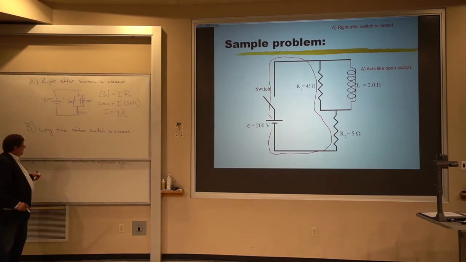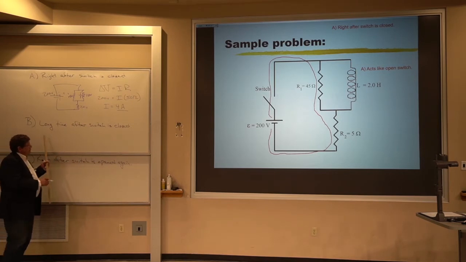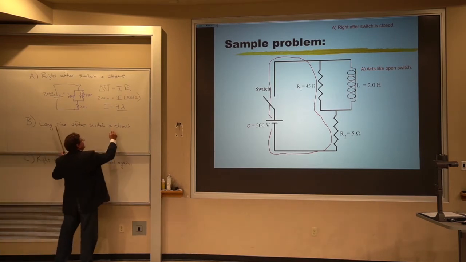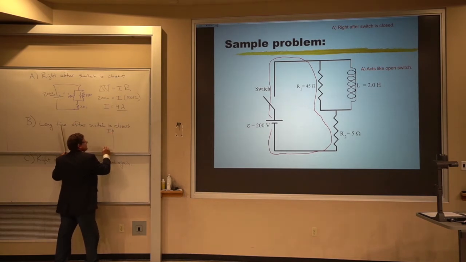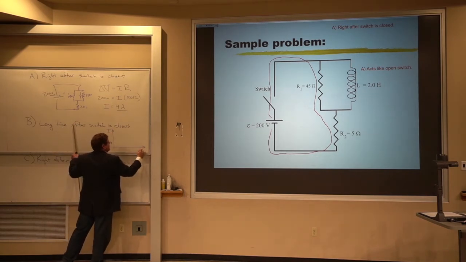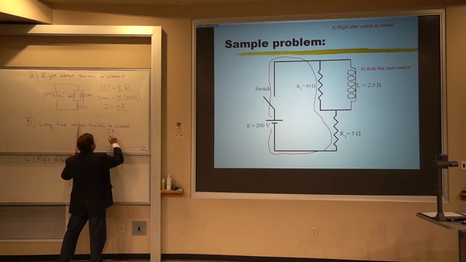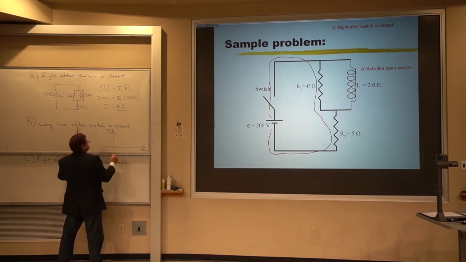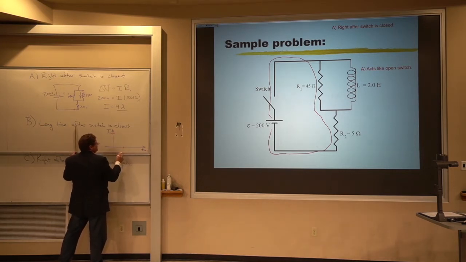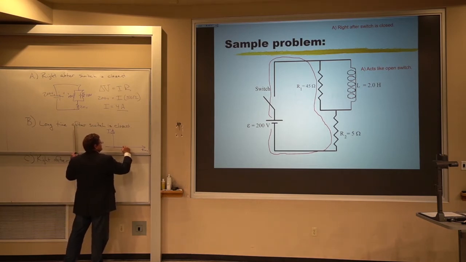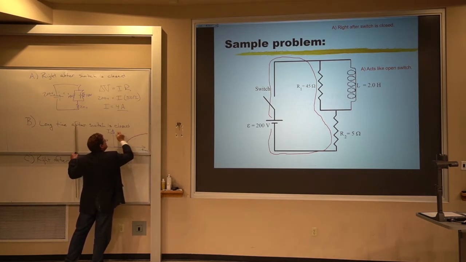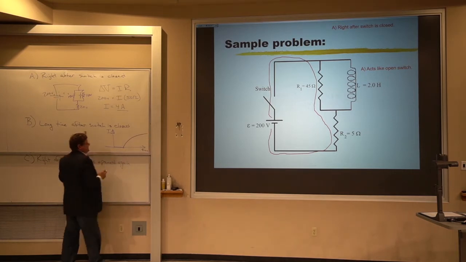Now, a long time after the switch is closed, if I were to plot the current through the inductor as a function of time, if I close the switch right there, the current through that inductor is going to ramp up to its final value.